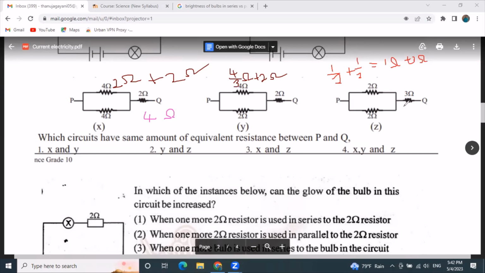Okay, 1 ohm plus 3 ohm means 4 ohm. Accordingly, circuits X and Z have the same resistance value between P and Q. So the correct answer is the third one. Third answer is correct.